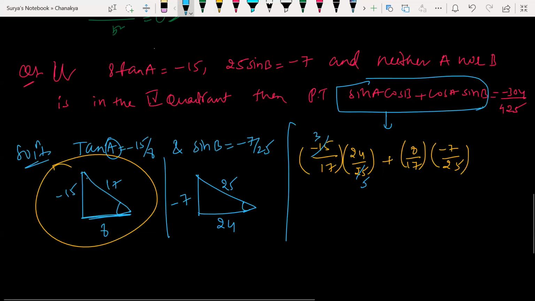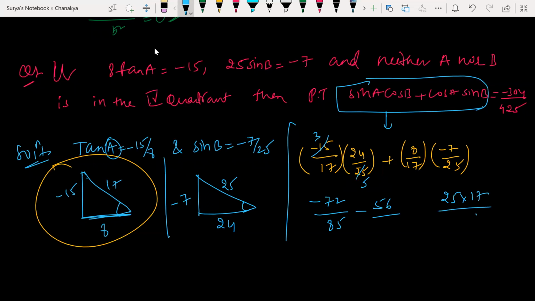We can cancel here too. So 24 times 3 is 72 by 85. Now 56 divided by 17 into 25, which is 425.